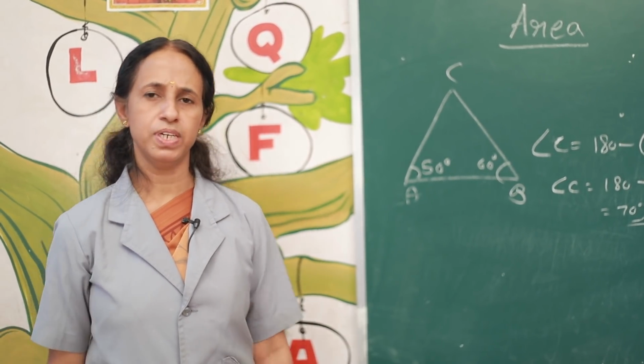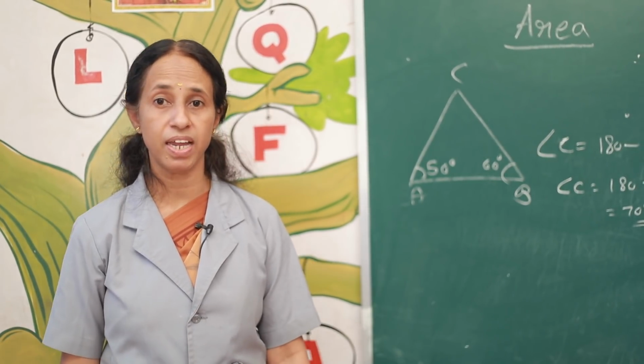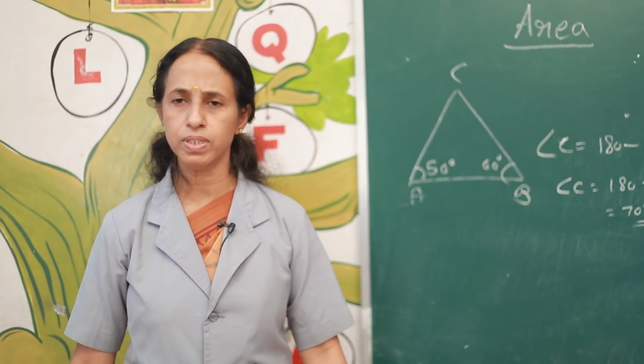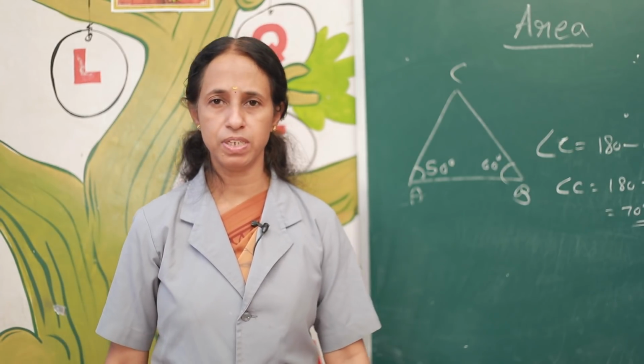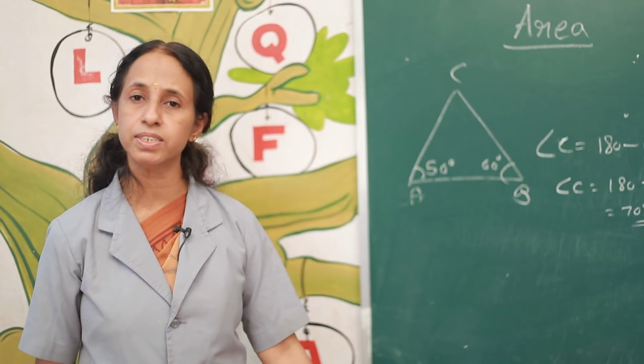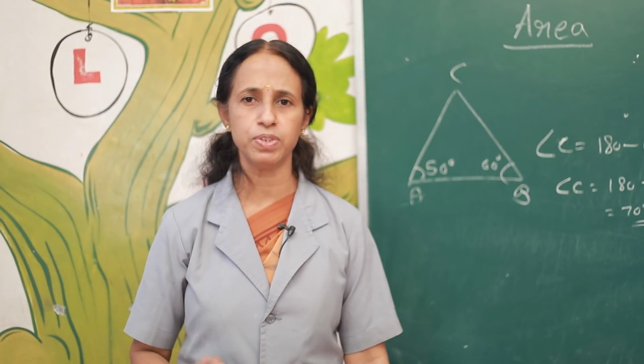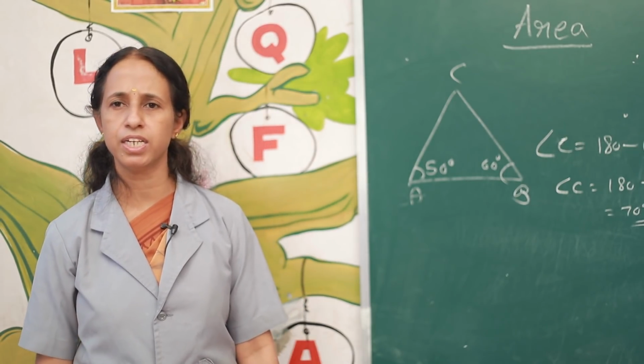How can we prove that the sum of the angles of a triangle is 180 degree? We studied this in 7th standard.